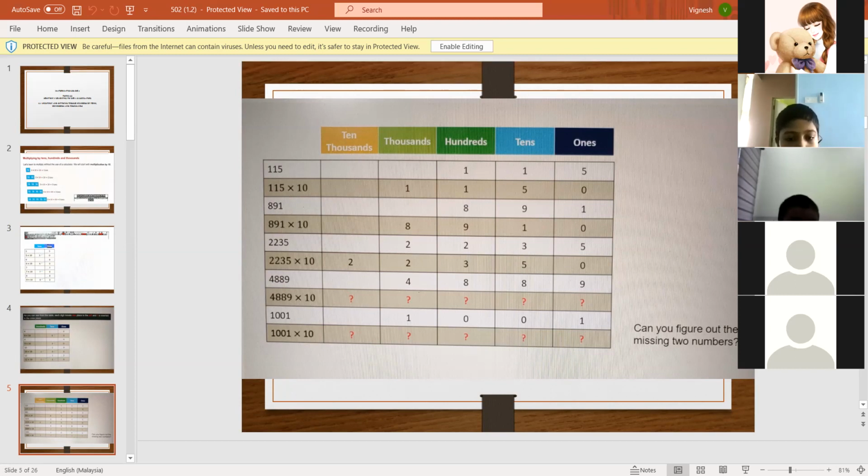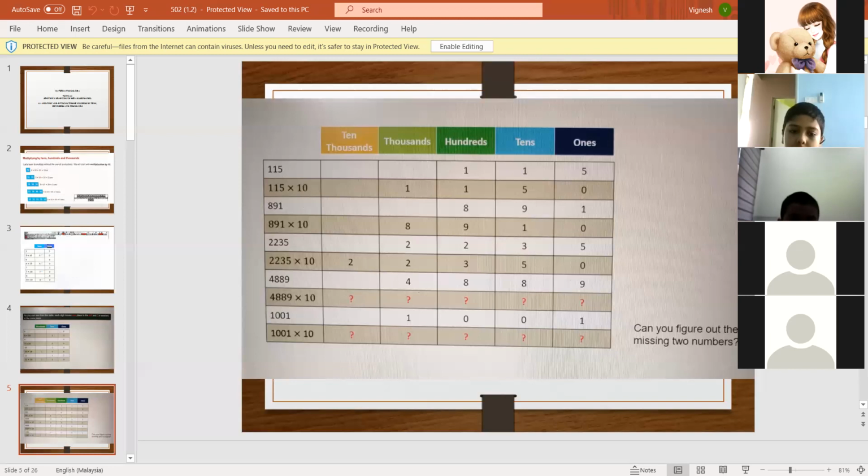The first one, 4,889 multiplied by 10. What numbers should you insert in all the place values? The 10,000 place is 4, thousands place is 8, hundreds place is 8, tens place is 9, ones place is 0. Very good.